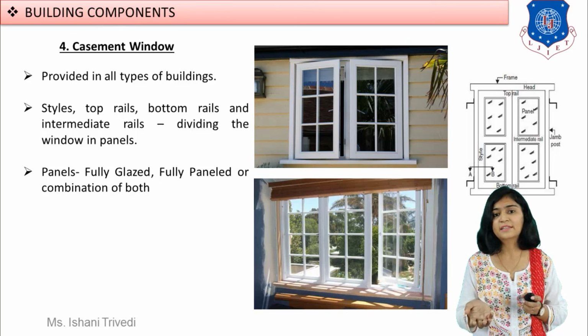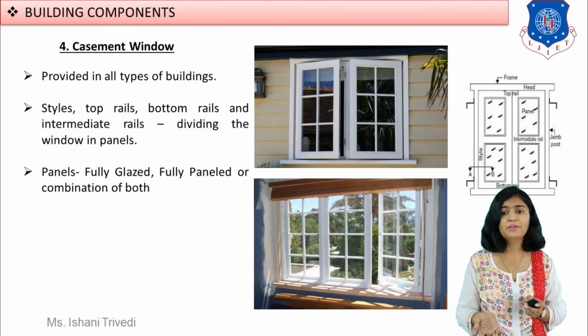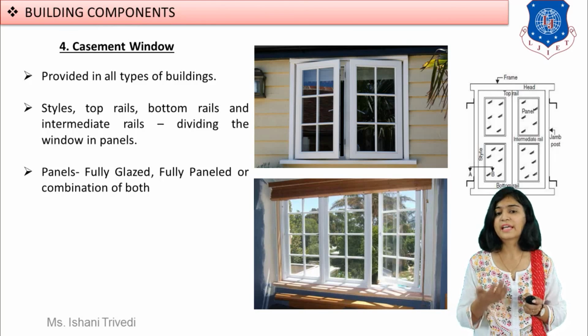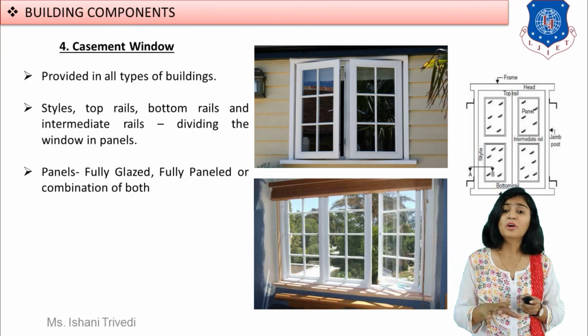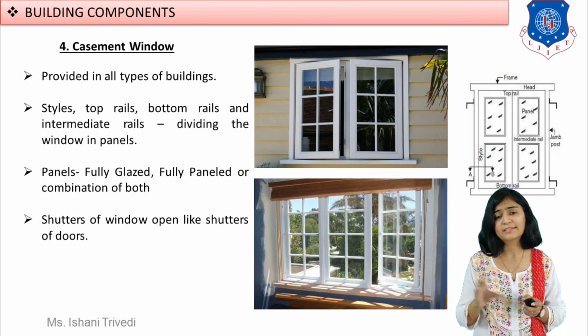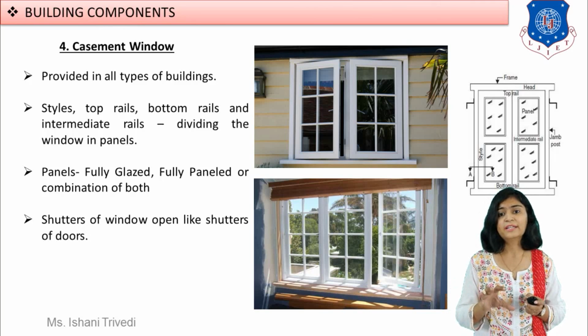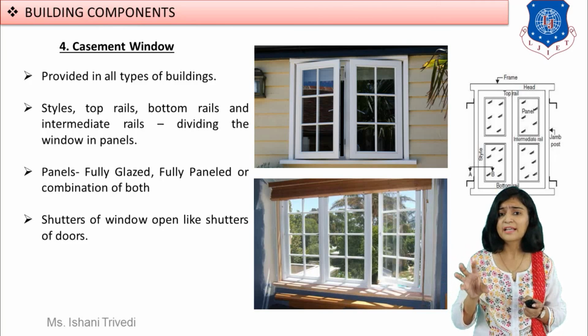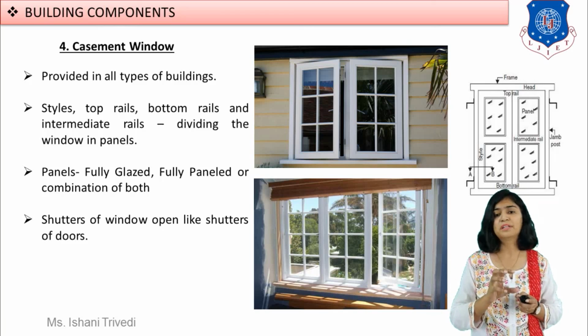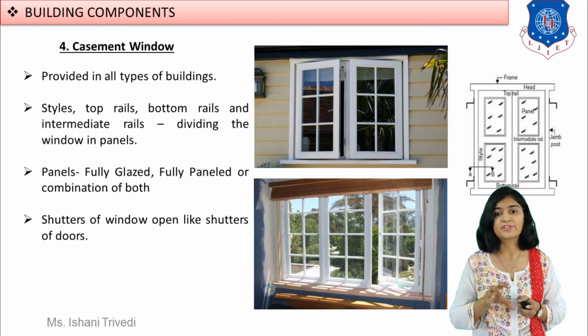As I said, in most cases it will be fully glazed, but you can have a combination also. It can be fully glazed, it can be fully panelled, or you can have a combination of both, that is partially glazed and partially panelled. It is one type of glazed and sash window only, but you will have a little bit of variation.